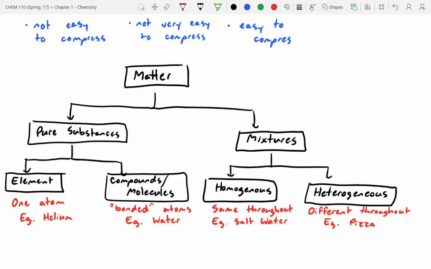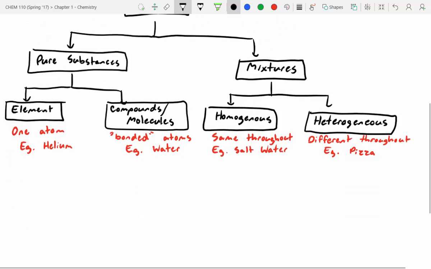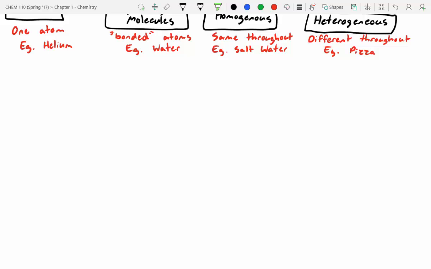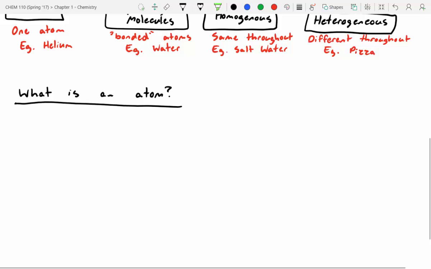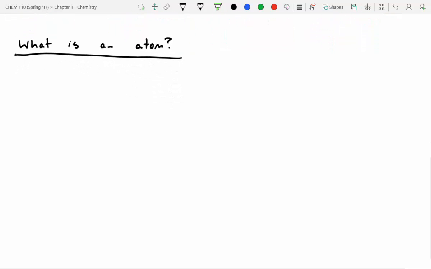All right, so let's take a look at the ultimate building block of matter, the atom. Are most of you guys familiar with the term atom? Atom is the ultimate building block of everything around us, right? What is an atom? Does anybody want to help me describe it?